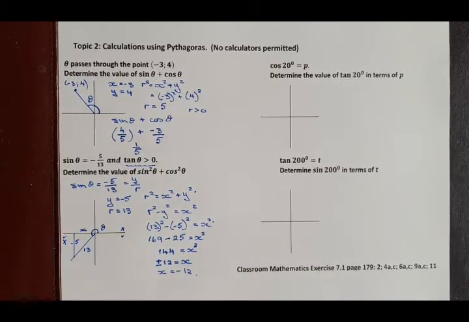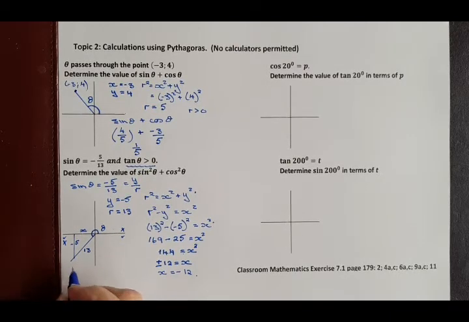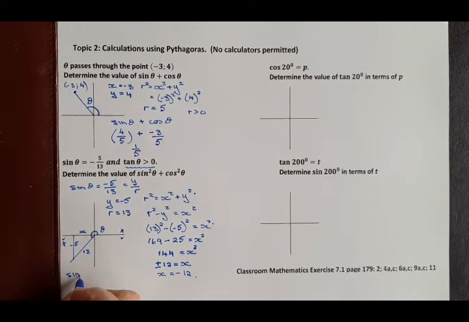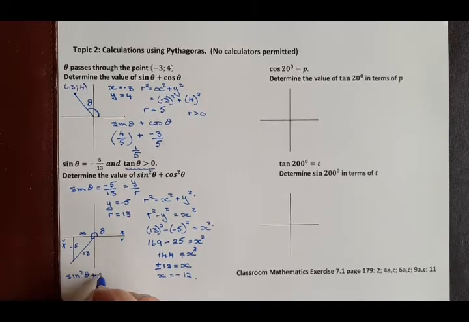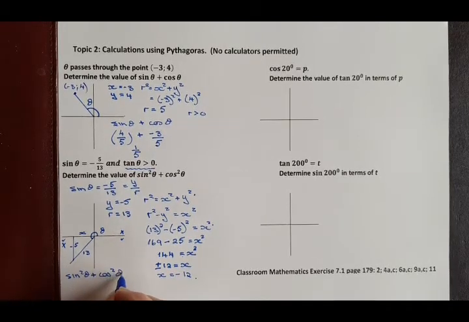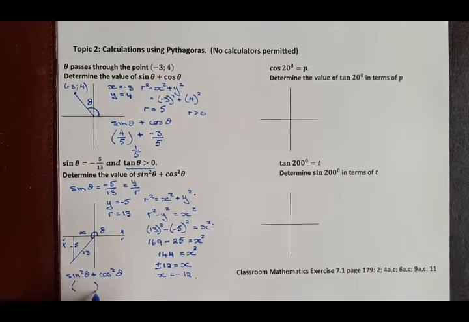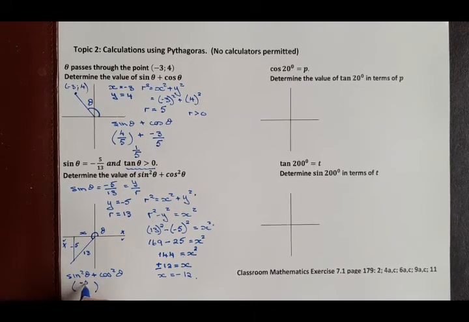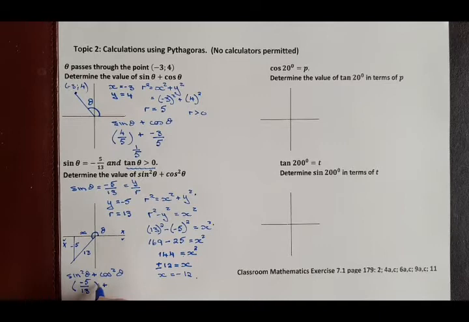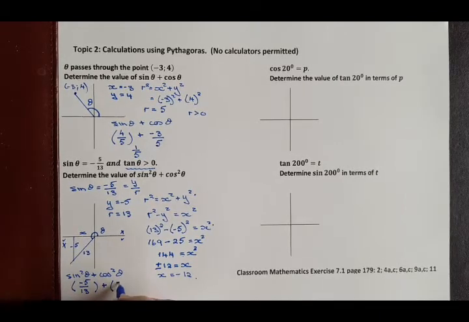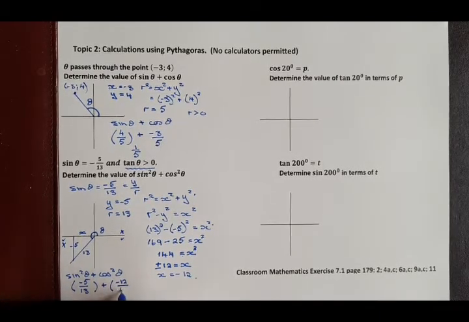Now we're asked to do the substitution, so we are going to go back here and say, well, sine squared theta plus cos squared theta. My sine value is minus 5 over 13. My cos value is minus 12 over 13.